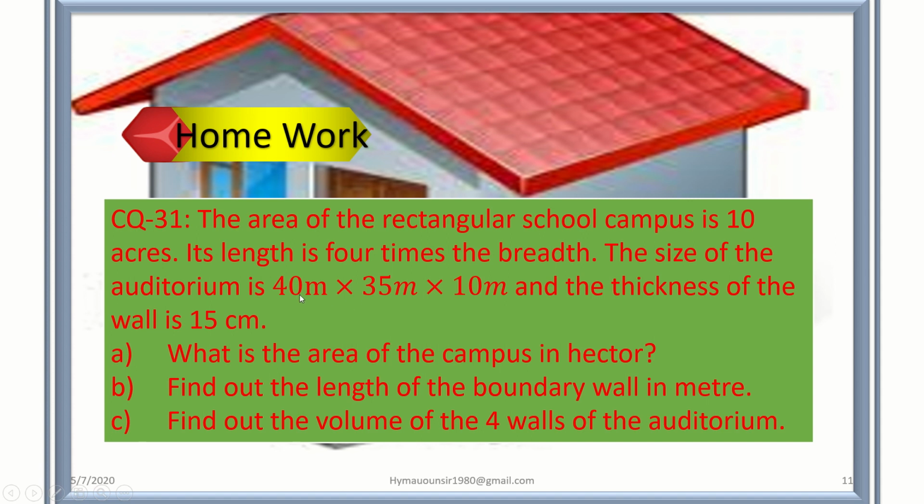So after subtraction, volume of the auditorium with wall minus volume of the auditorium without wall, you will get the required volume of 4 walls of the auditorium. We'll solve this, everyone. Okay, and if you face a problem, you can share with me. No problem, I will help.